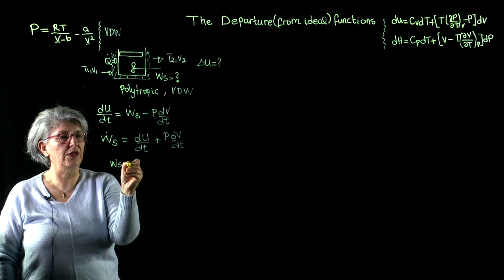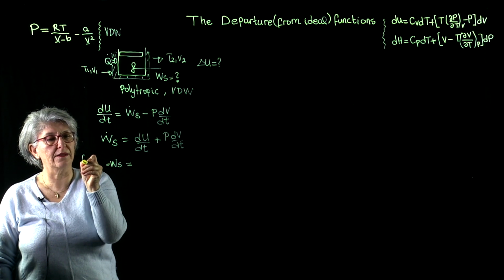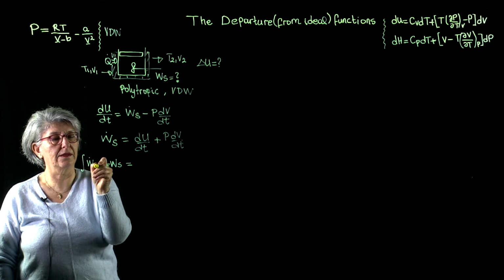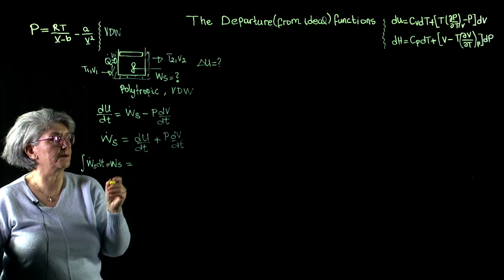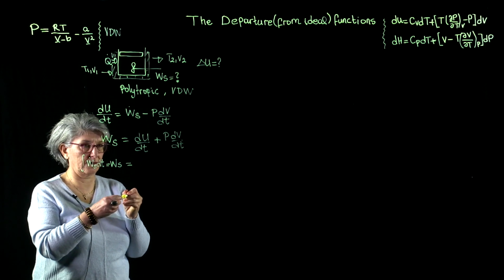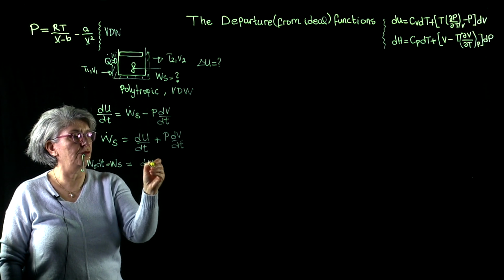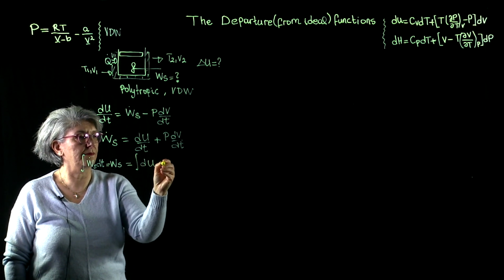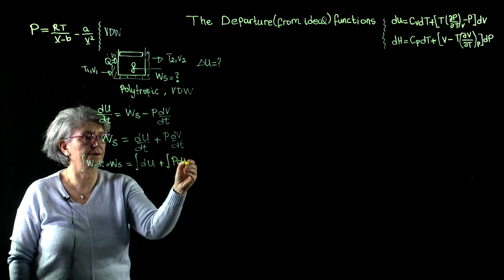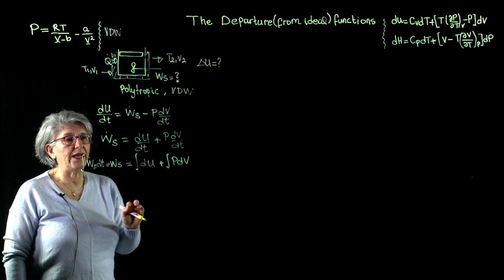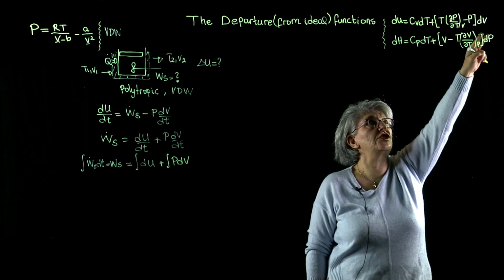Shaft work is equal to integral shaft work over time du plus integral p dv. Now let's substitute du from the most general expression.